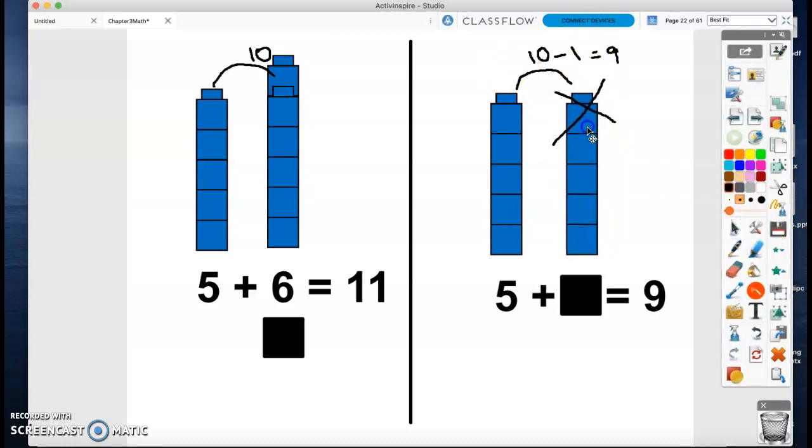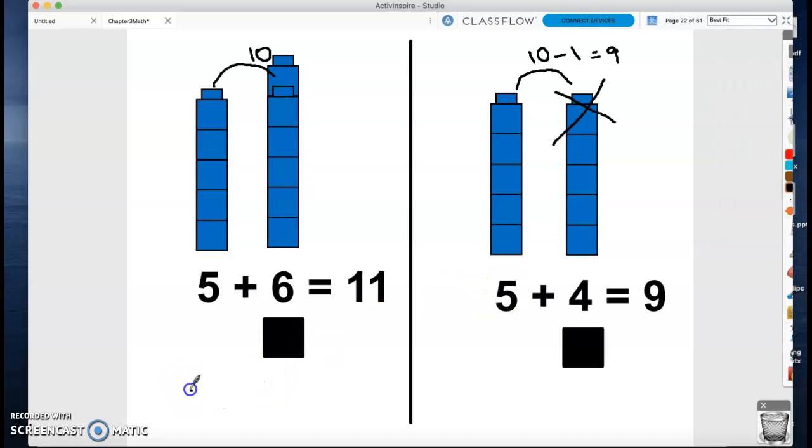and if I were to take away that 1 cube, I would have 1, 2, 3, 4. I would have 4 cubes. So 5 plus 4 equals 9. So the one where we added a cube is called doubles, because we used 5 plus 5, but we added 1, so it's called doubles plus 1.